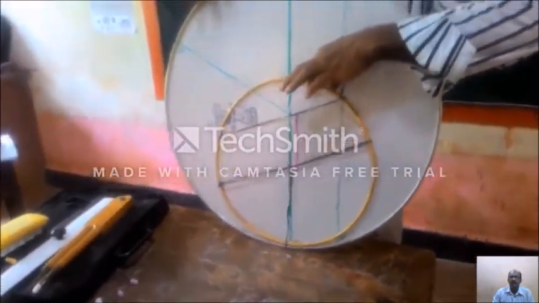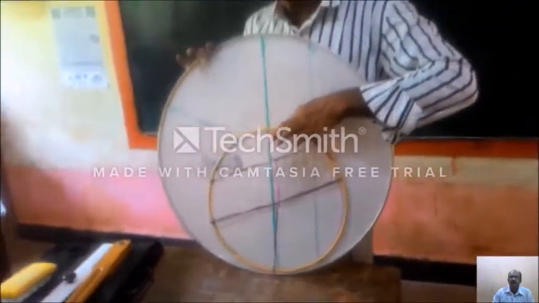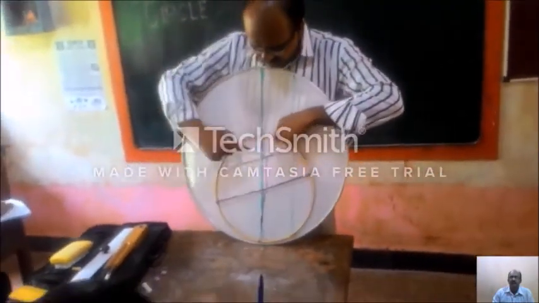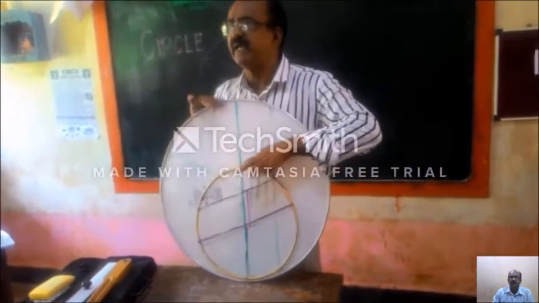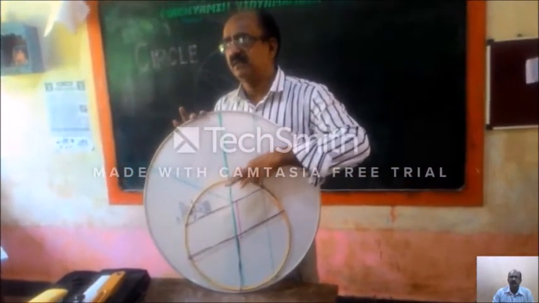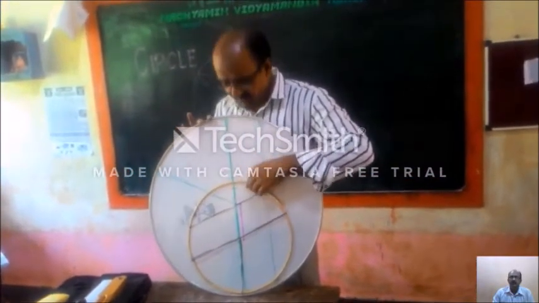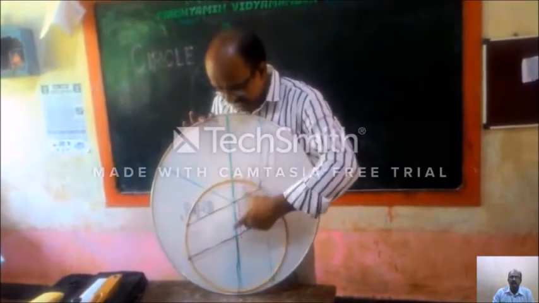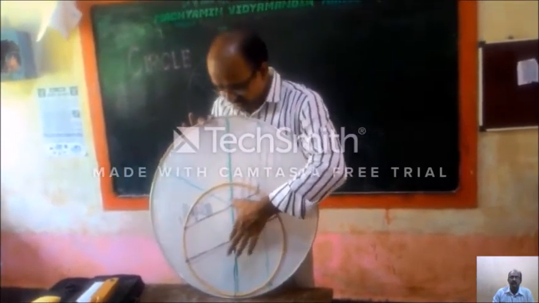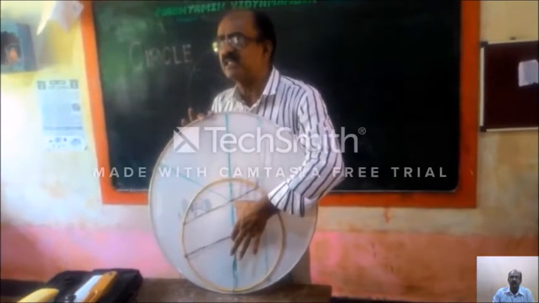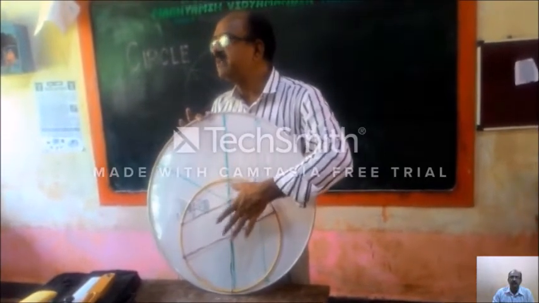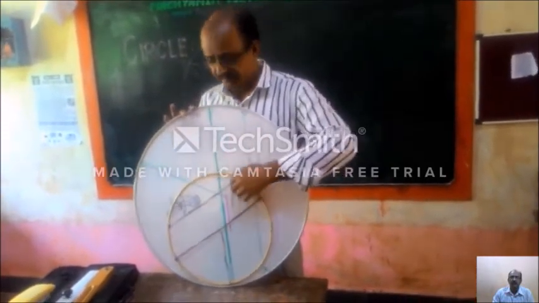The difference between the two radii is the distance between the two centers. The first center and the second center, and the distance between the two centers is the difference between the two radii.